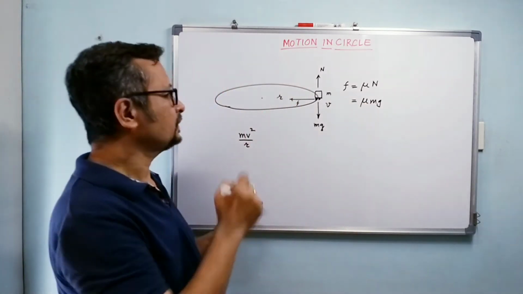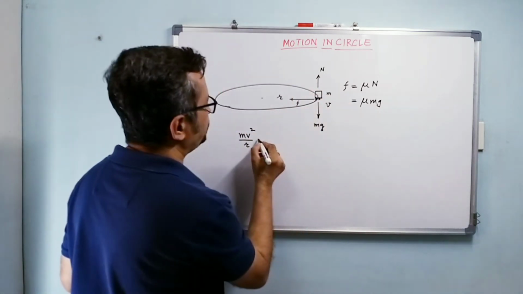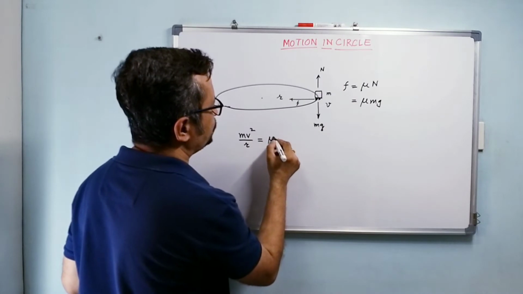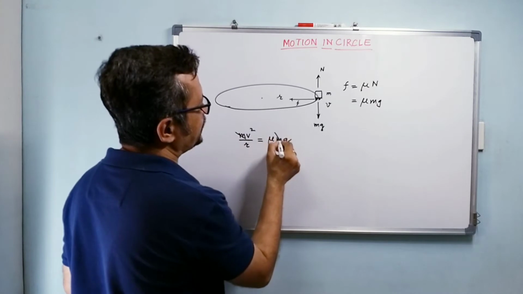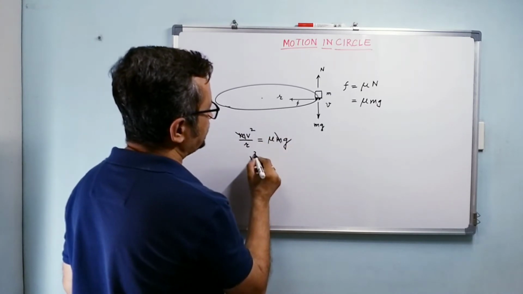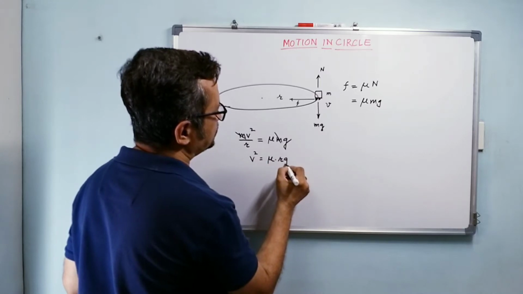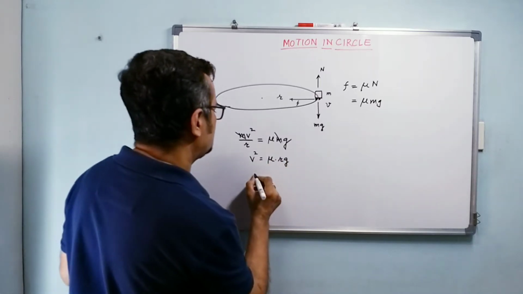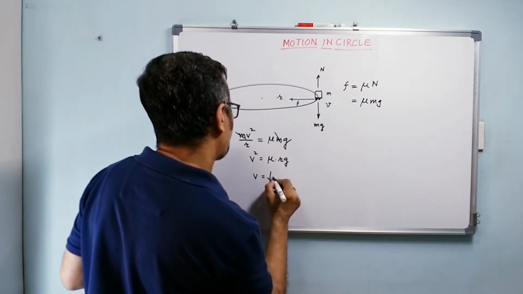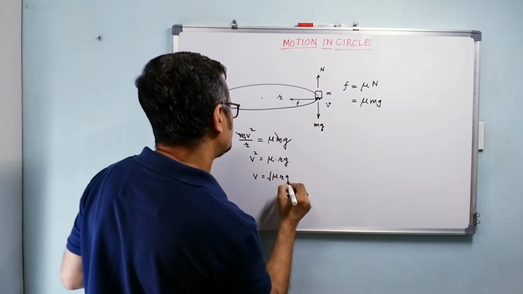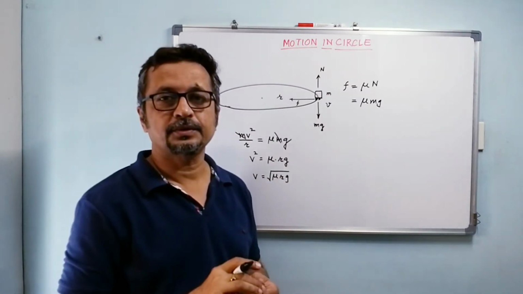So centripetal force has to be equal to the force of friction, that means mv square upon r is equal to mu times mg. I cancel this m here and m here, so v square is equal to mu times rg, or v is equal to square root of mu into rg.